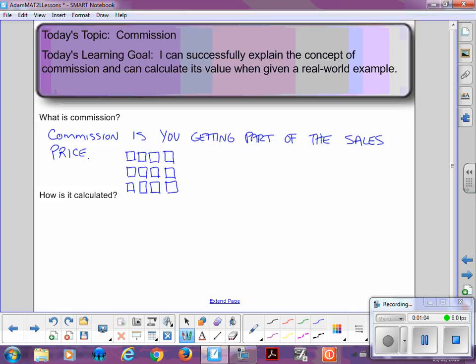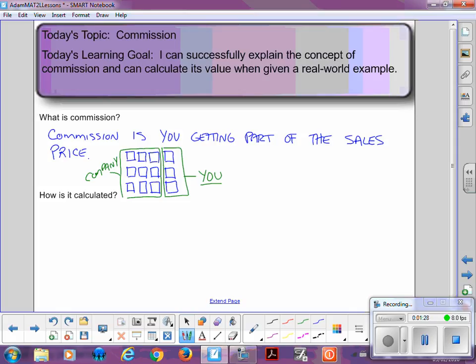So the 12 blocks come in. Your company will get 9. So that's the company, and you get a portion of it. So you get 3 of the blocks. If you sold it for more, you'd get more blocks. So the more you sell, the more you get.